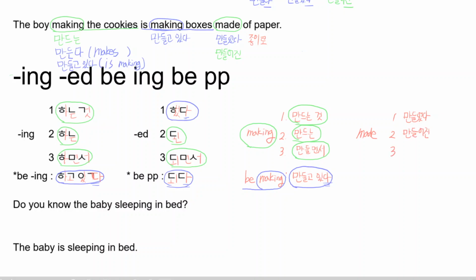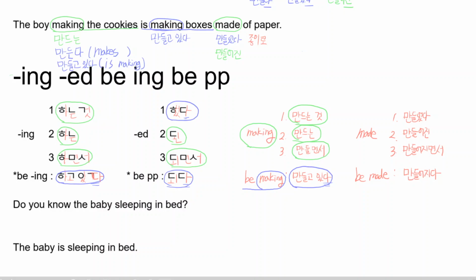Third, 만들어지면서. Right? How about be made? What does it mean? 만들어지다. Right?